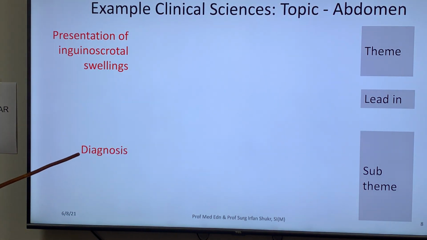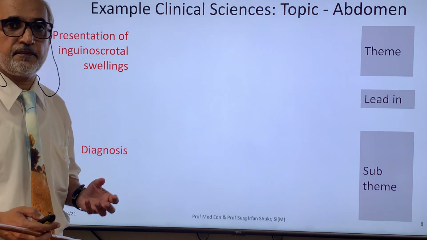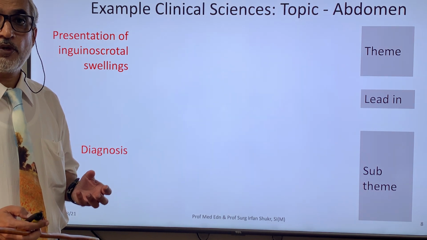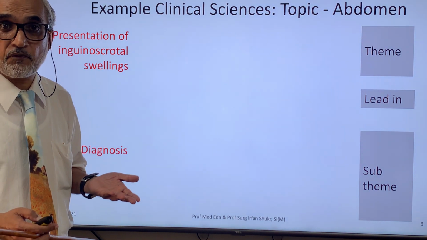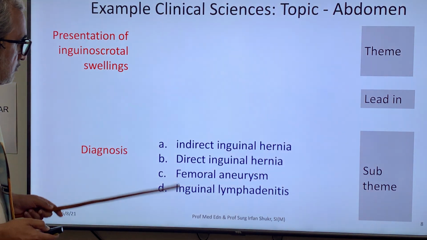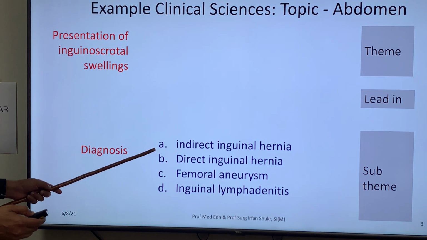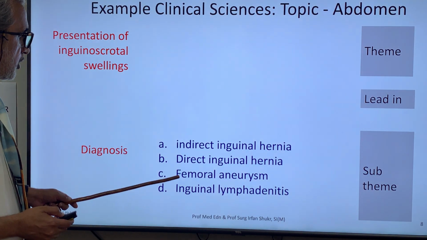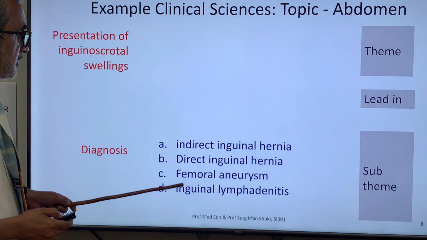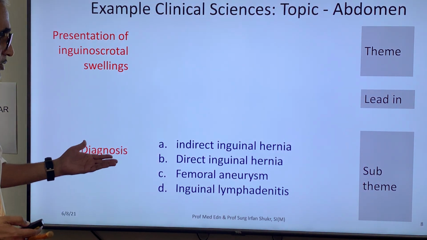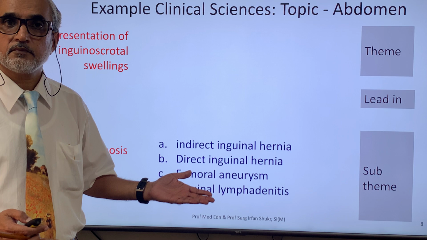Let us say I choose diagnosis. Once I've chosen the sub-theme, what I'm going to do is write all the diagnoses of inguinal scrotal swelling, which could be indirect inguinal hernia, direct inguinal hernia, femoral aneurysm, inguinal lymphadenitis. Since this MCQ is a 4 option, I can write only 4.